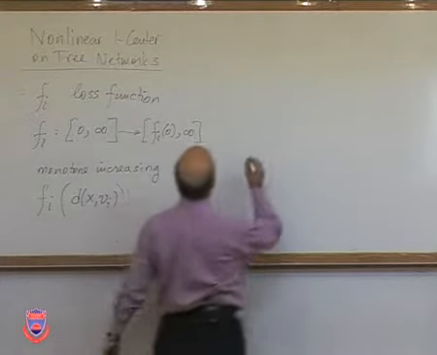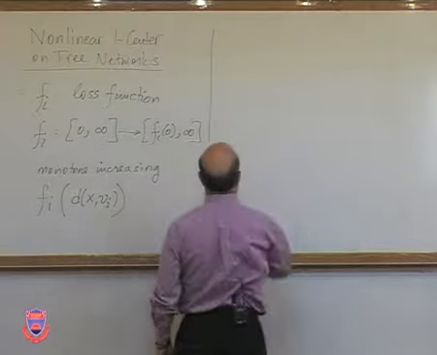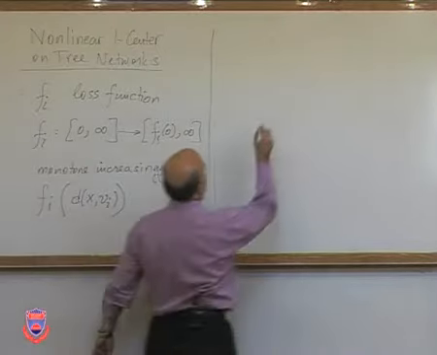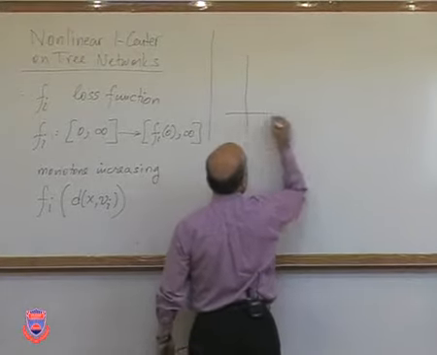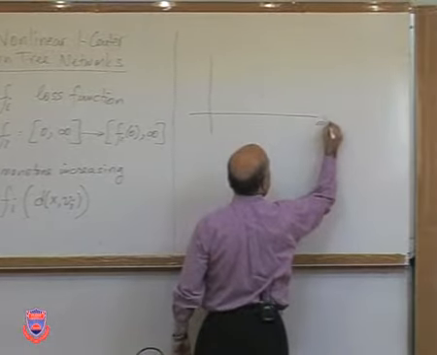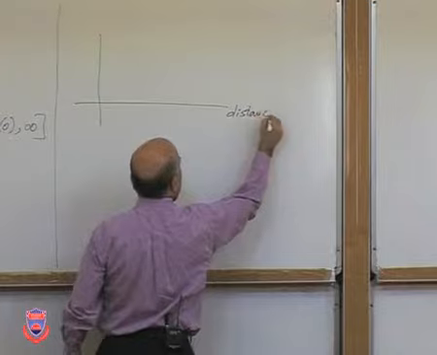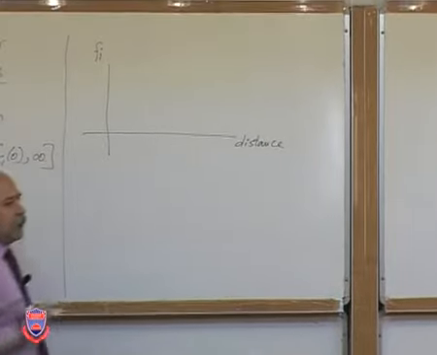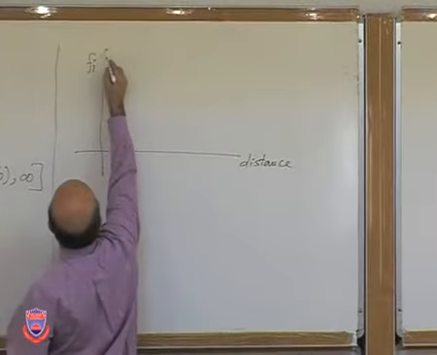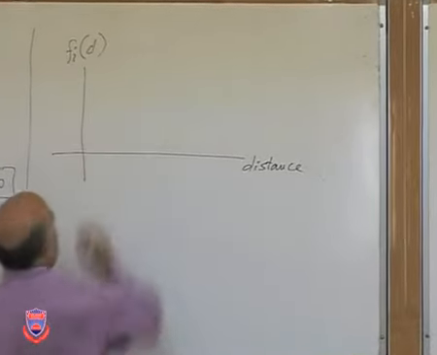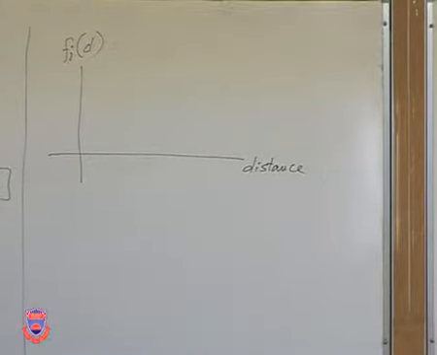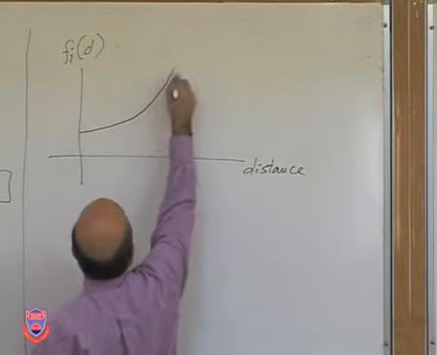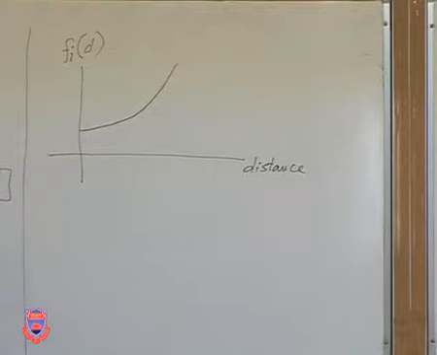So in particular, if this is the distance, and if this is the function Fi values as a function of the distance, this is some sort of a monotonic increasing function, such as that.